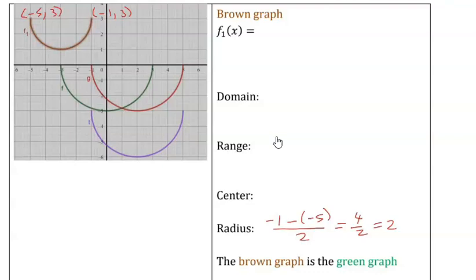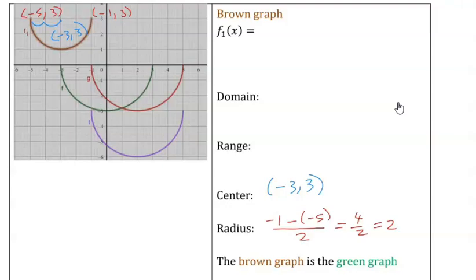So to get to the center, I will come from the left, count 2 back for the radius, and then this center of mine will be at minus 3, and the same y value as the others, because they all lie on the same horizontal line. So my center is minus 3, 3.